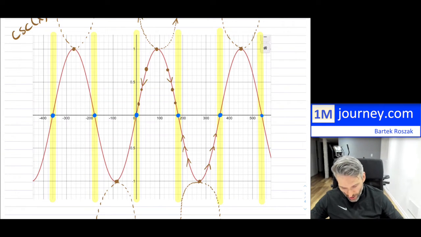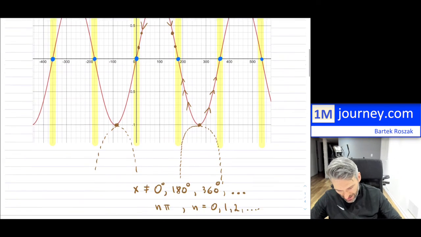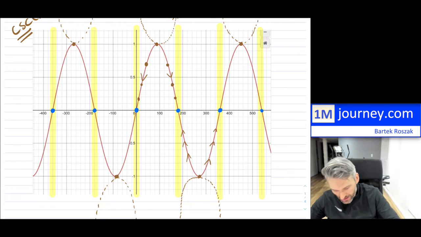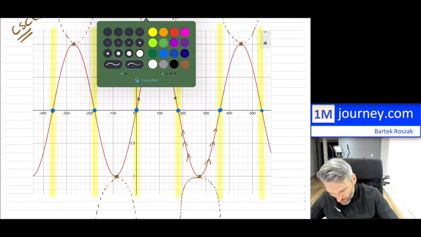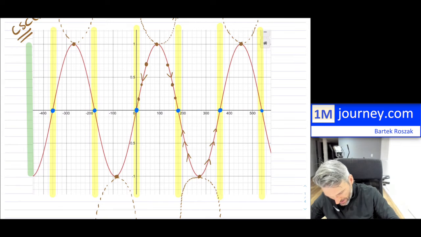So for the range of this cosecant, you have to be careful how you define that, because the range does not exist between negative 1 and 1. So it doesn't actually exist.